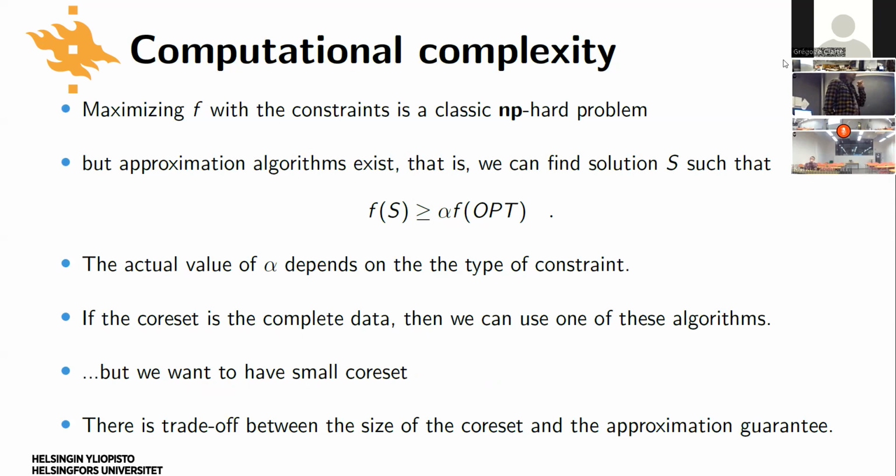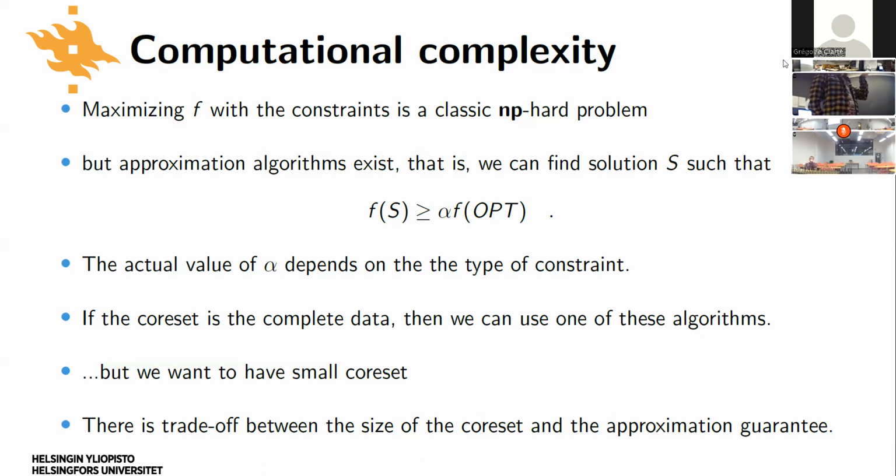They are polynomial algorithms, and they are typically very simple, like a greedy construction. You find the best item to add to the set, then the next best item, and so on, and you keep adding greedily until you hit the constraint. That's the typical greedy algorithm. We are going to use a slightly different algorithm for our purposes, which I'm going to talk about later.